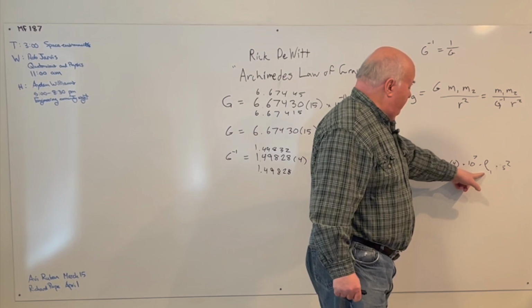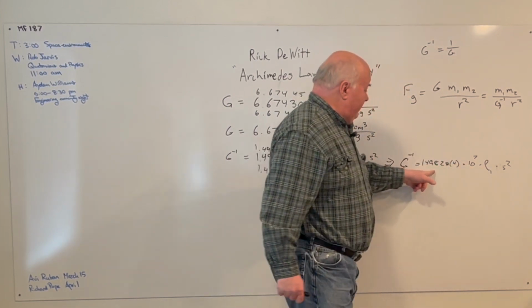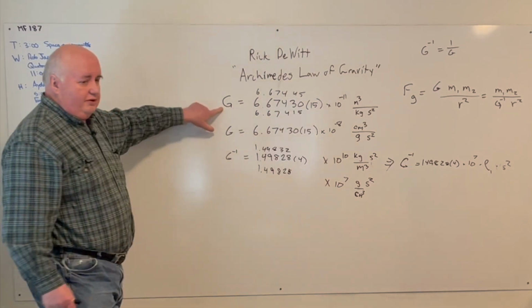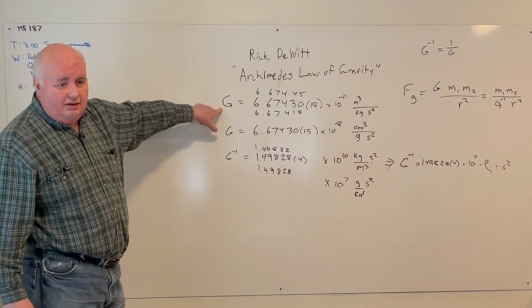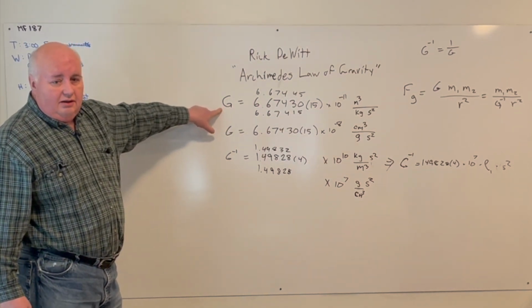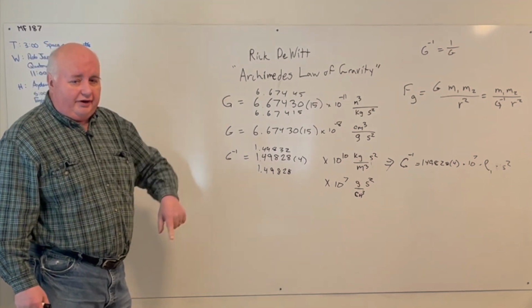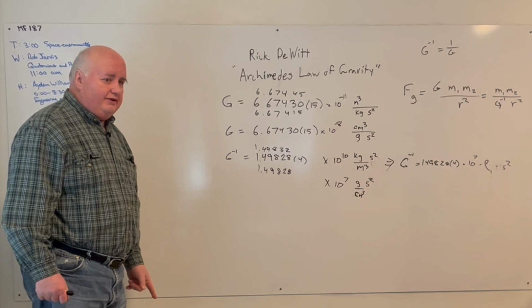So the density of water is a factor in the universal gravitational constant. Why is water in the universal gravitational constant?